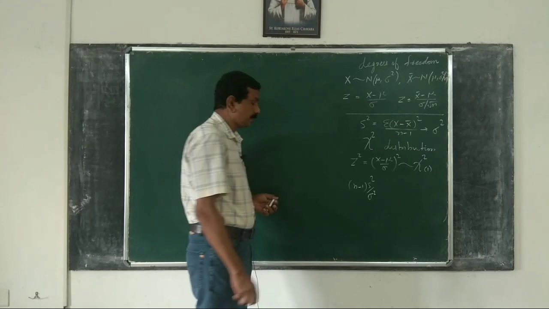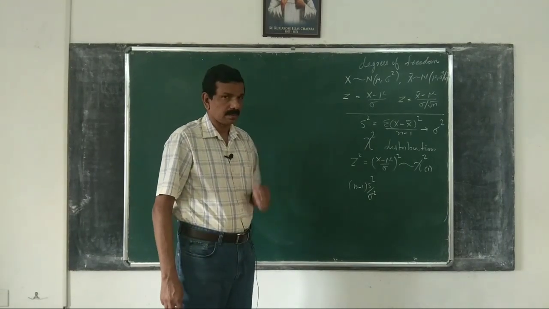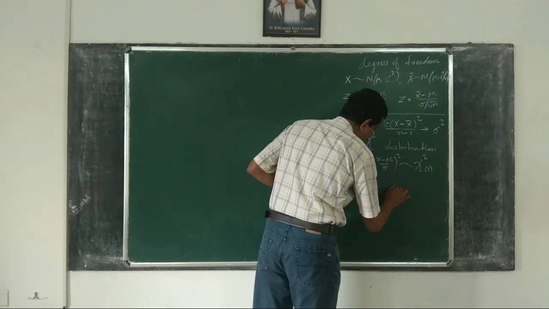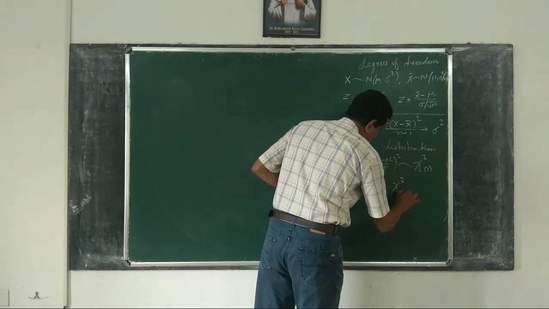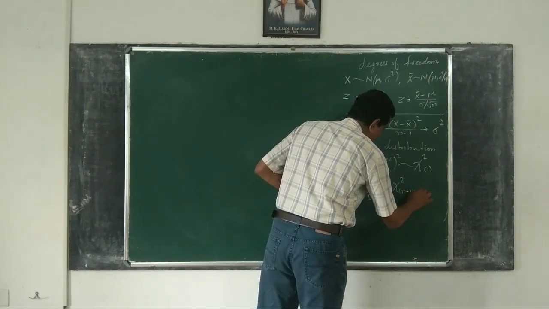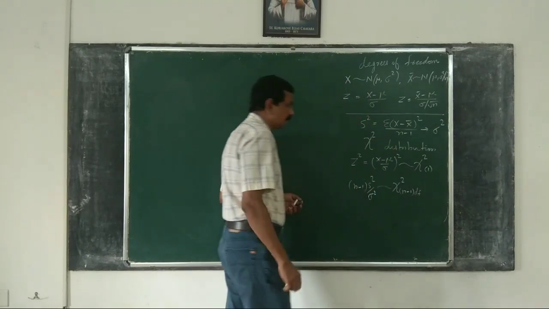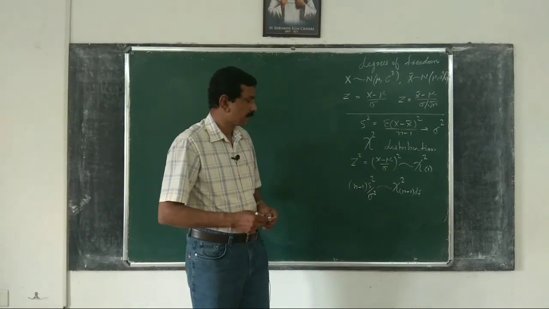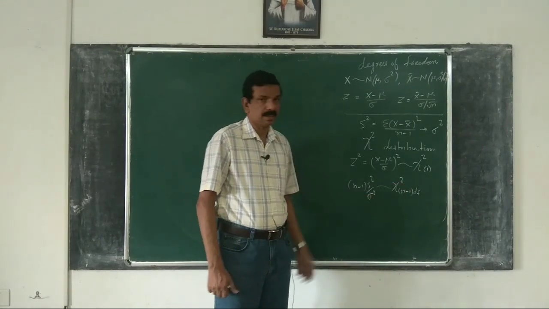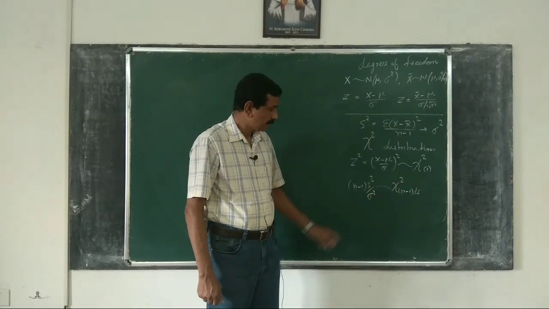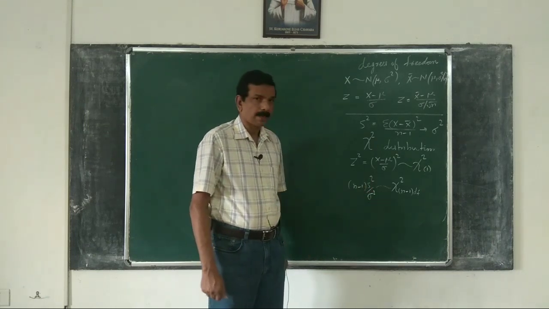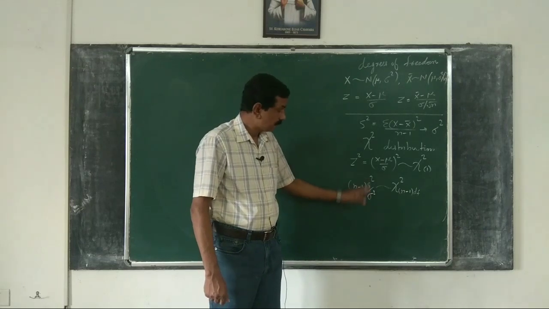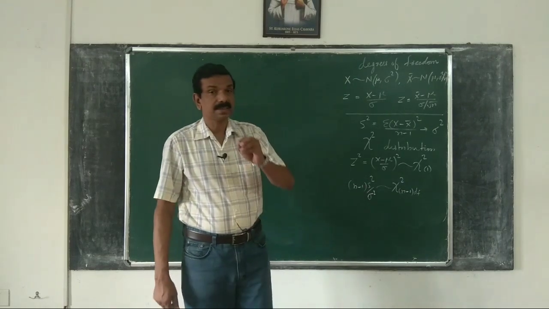And we can show that this quantity follows chi-square with n minus 1 degrees of freedom, where S square is an unbiased estimator of sigma square based on a sample of size n.